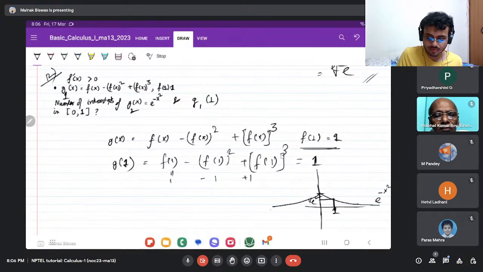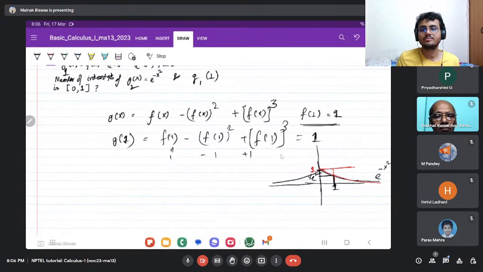This is the graph of e to the power minus x square, and you only need to consider values between 0 and 1.